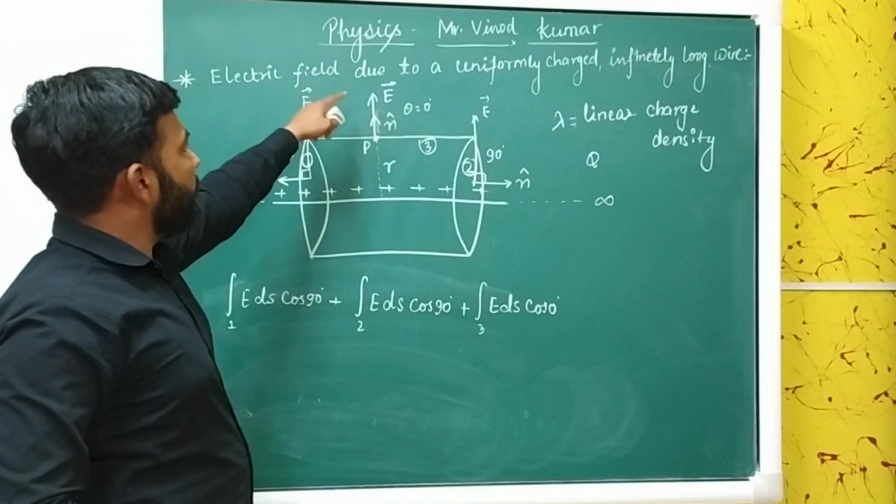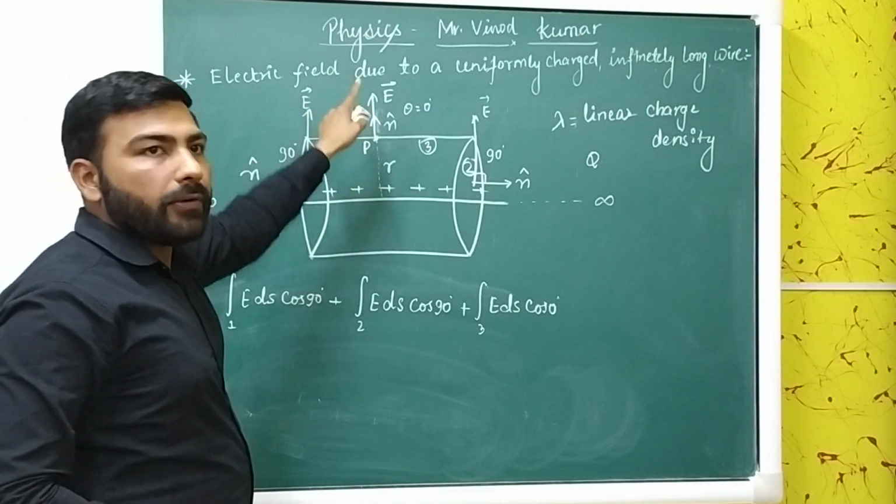The angle between the area vector and the electric field is 0 degree.